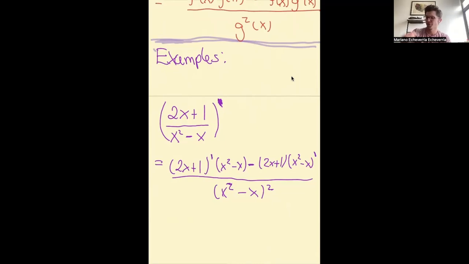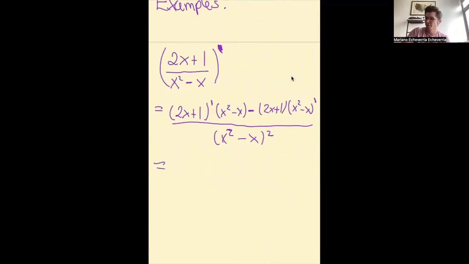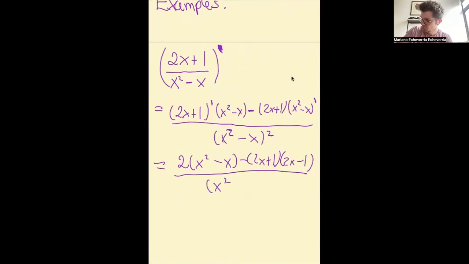And then after this, it's just finishing computing the derivatives. So the derivative of 2x plus 1, that's just 2, times x squared minus x. And then minus 2x plus 1 times the derivative of this thing. The derivative of x squared is 2x, and then minus 1. Okay, and that would be the answer.